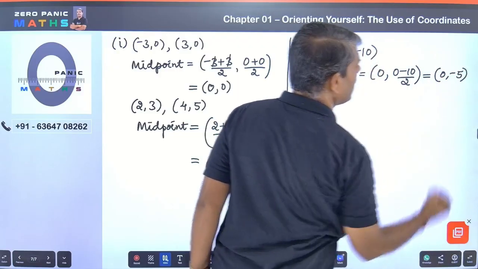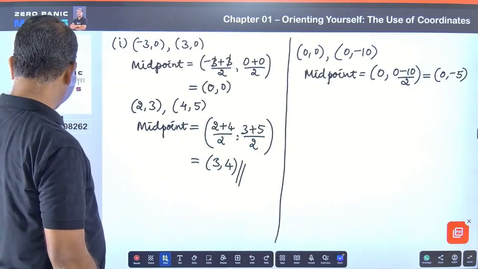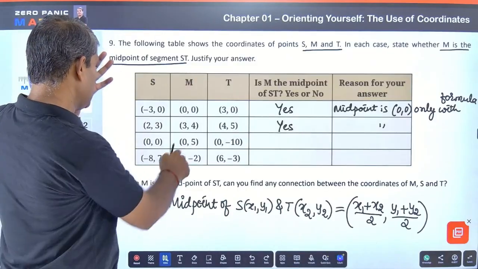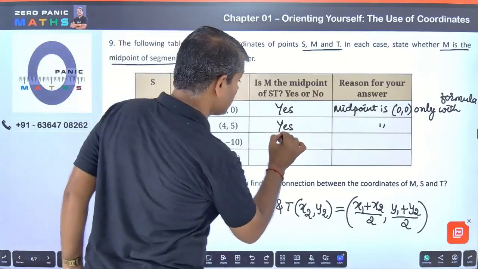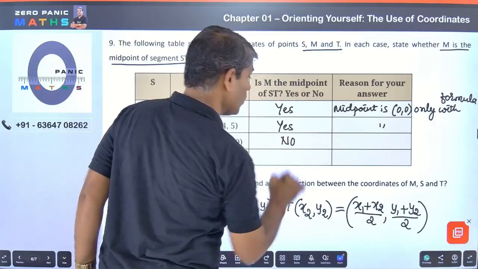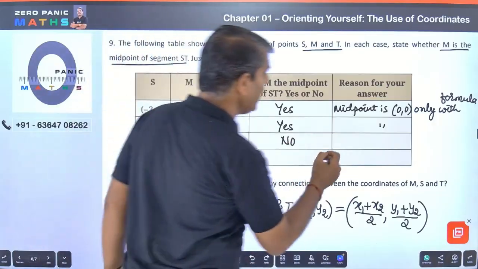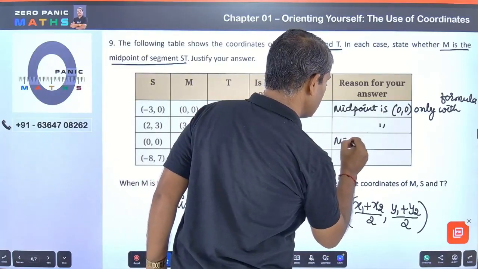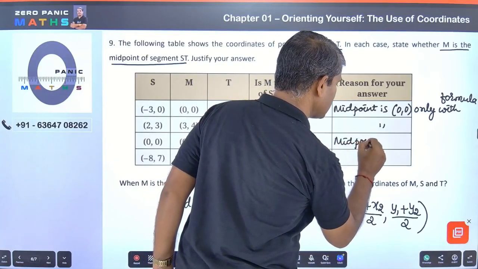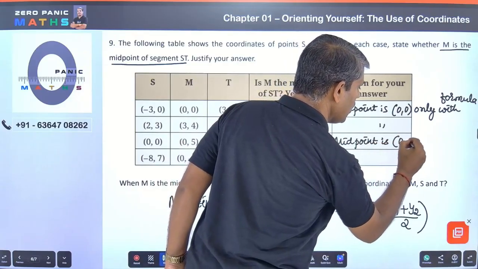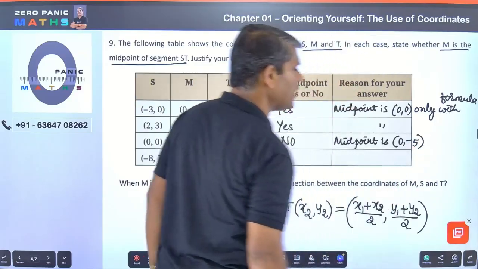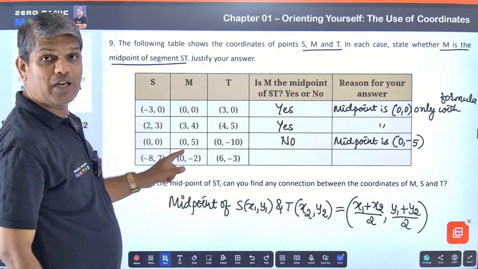So the midpoint is 0 minus 5. Is 0 minus 5 given for the third problem? No, it is 0 plus 5. So you can say this is no. Why? Because the midpoint is 0 minus 5, not plus 5.